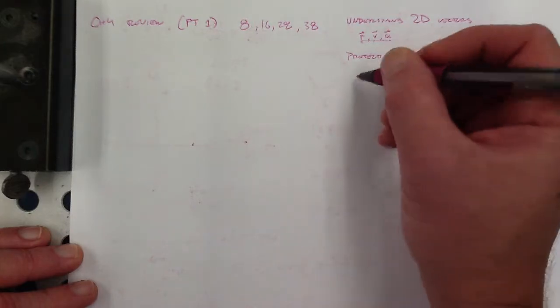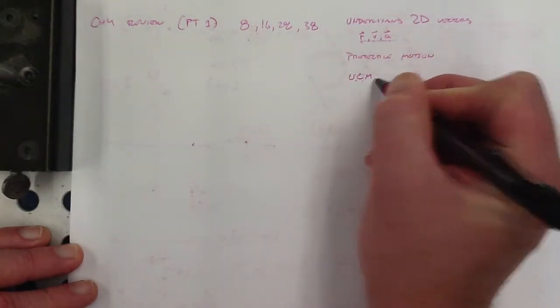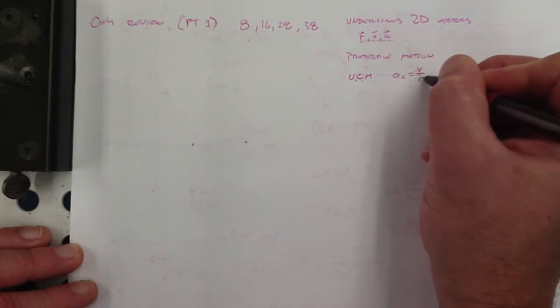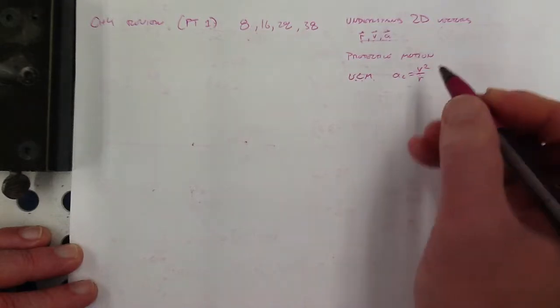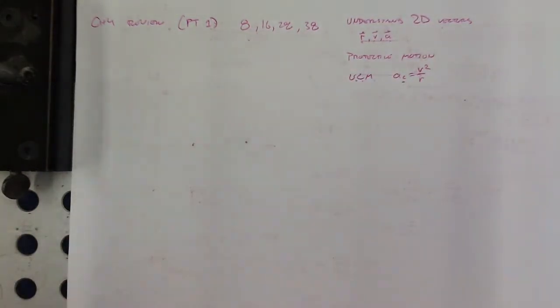And then also uniform circular motion. And that has its own special things, where the magical acceleration is of a magnitude v squared over r, and it's pointing toward the center of the circle. A couple other equations go with that. So that's what's up with Chapter 4.